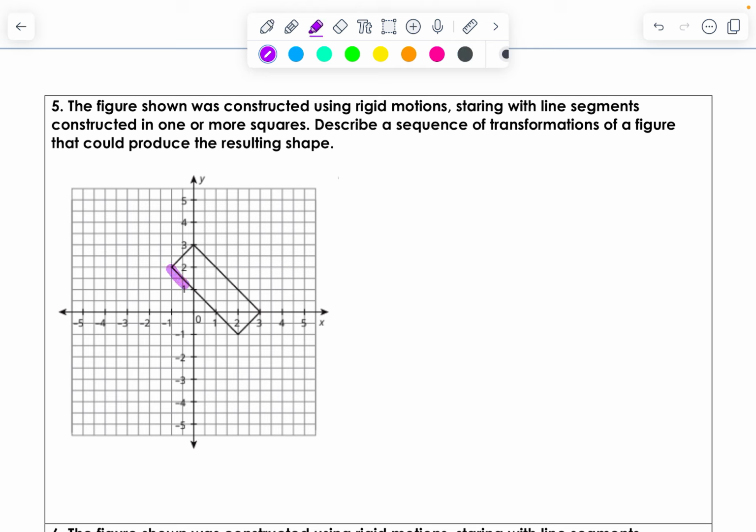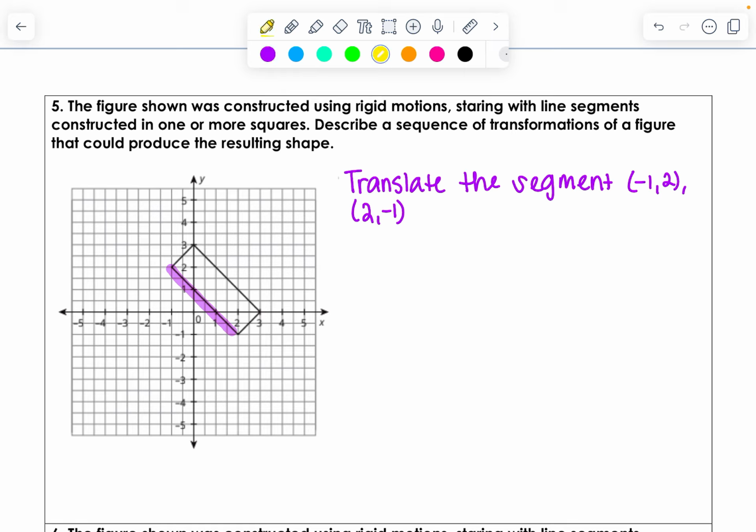I'm going to start with this segment. So I'm going to translate the segment from negative 1, 2 to 2, negative 1. Okay, negative 1, 2, 2, negative 1, just checking.